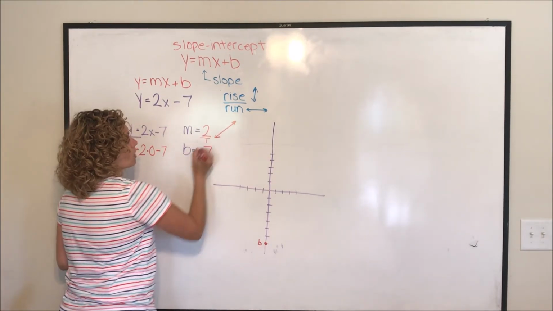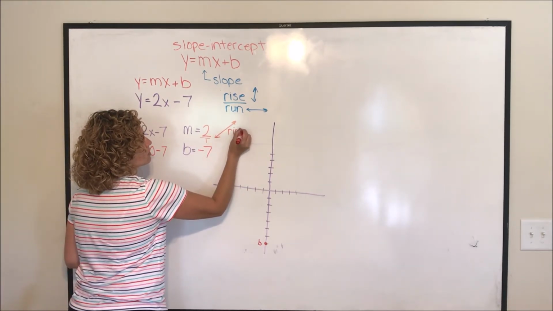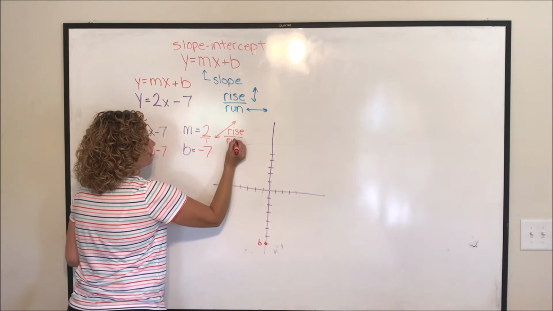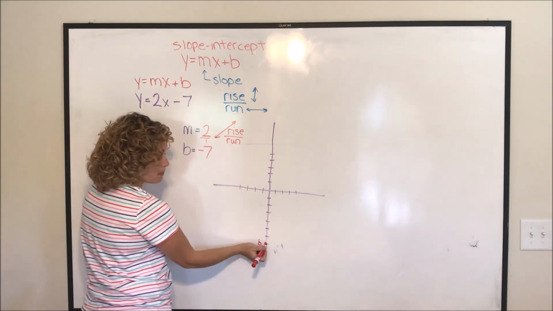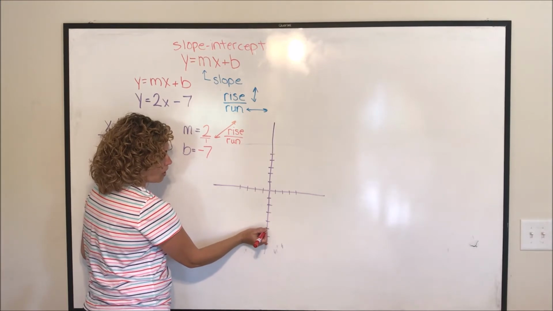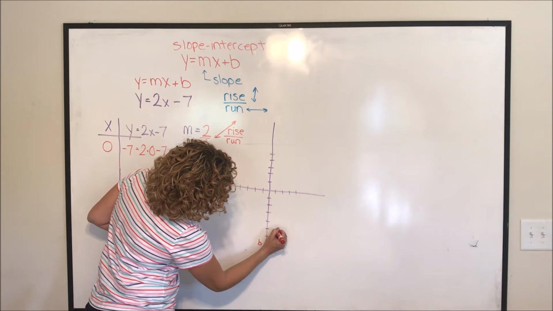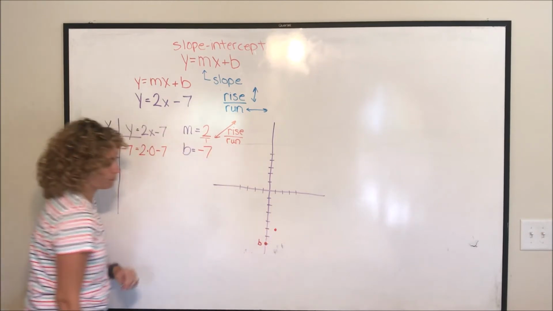Remember, I could put a 1 under there to make it easier for me. It's also rise over run. So from my b value, I'm going to rise 2, 1, 2, and I'm going to run a positive 1. That puts my point right about there, okay?